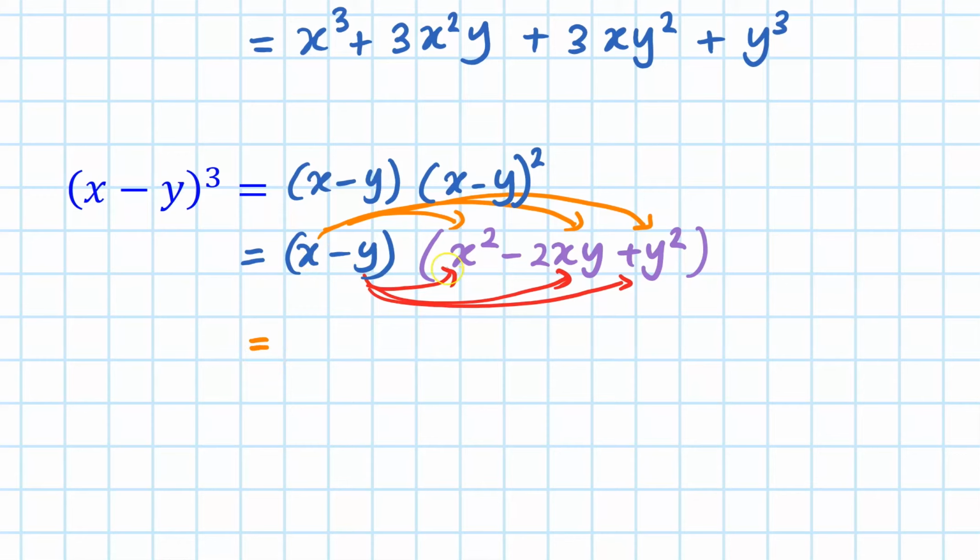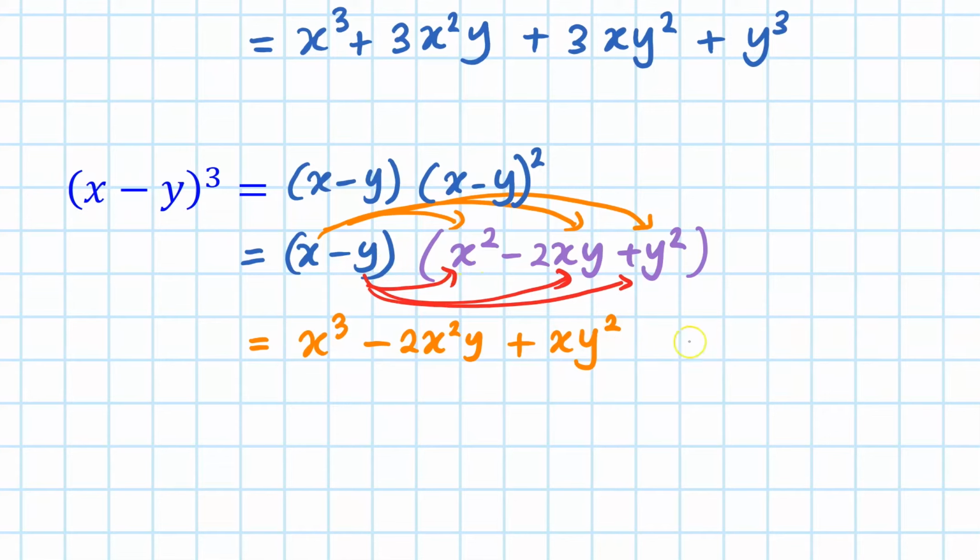X times x squared, x cube. X times 2xy is 2x squared y, but negative. X times y squared plus xy squared. Then let's distribute negative y onto each of these purple terms.